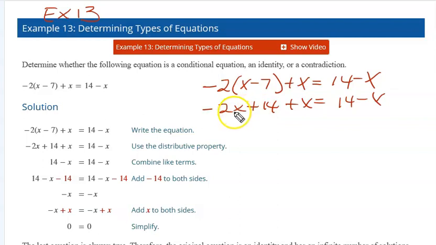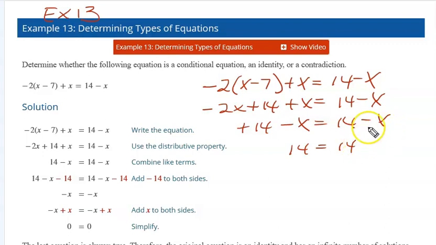Well, when we group our like terms on this side, we get a negative x plus 14 equals 14 minus x. Now, notice if we add an x to both sides, we get 14 equals 14. Is this a true statement?